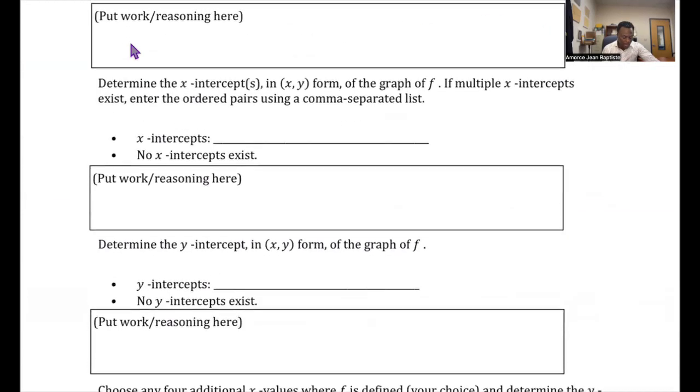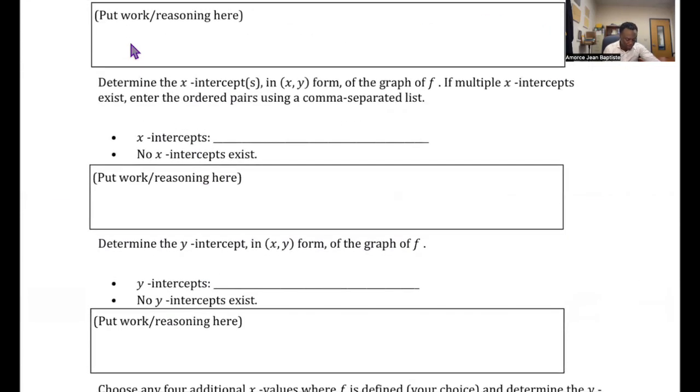So now we can find the x-intercept. The x-intercept is when you set y, which is f of x, equal to 0. That would give me negative 3x squared over x squared minus 4 equals 0.